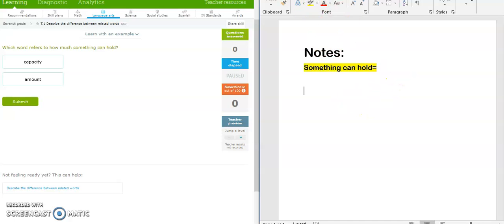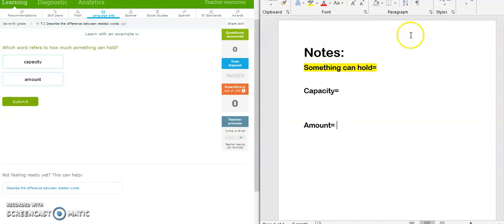So I have two words. Capacity and amount. Now, both of these words are talking about the amount of something, or something to do with an amount.